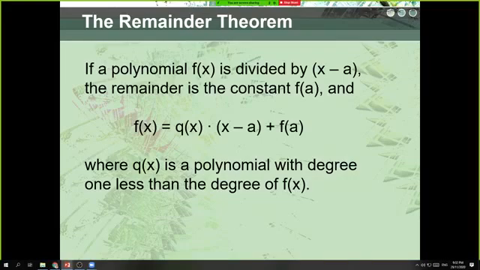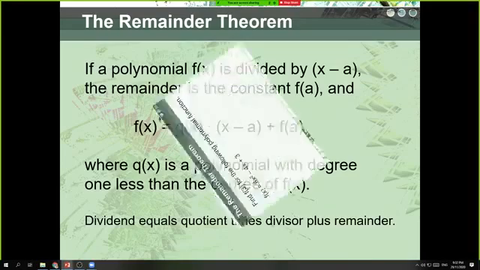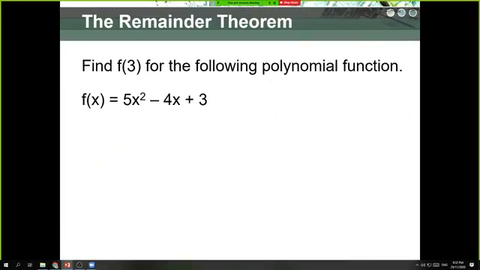Now, let's have this example. So we are going to be finding f of 3 for the following polynomial function. So when I say f of 3, we are going to be substituting 3 over x here.